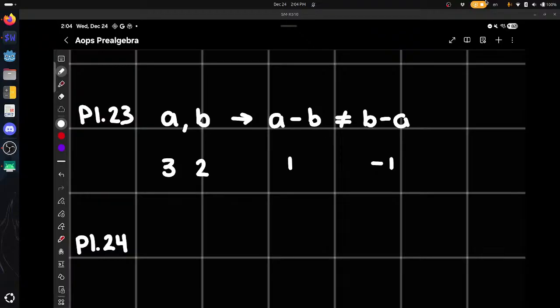Find numbers a, b, and c such that a minus b grouped minus c is not equal to a minus grouped b minus c. Okay, so they want us to show that subtraction is not associative.